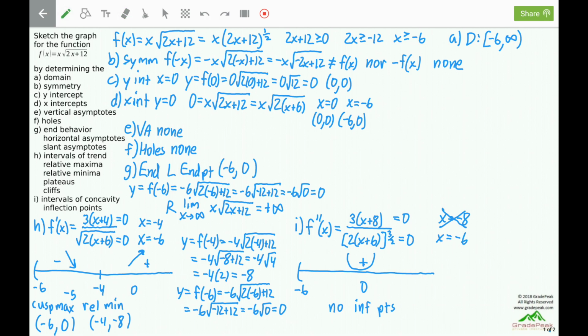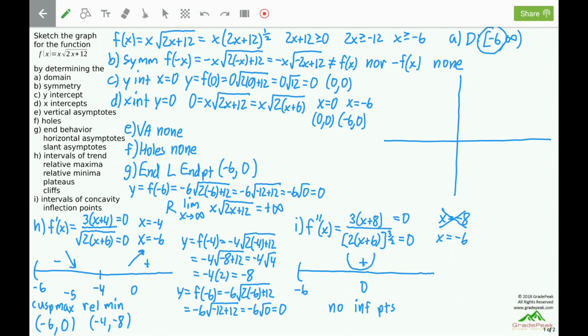We can now draw the graph. We have a vertical axis. We have a horizontal axis. We have the domain starting at -6, and we found the left endpoint to be -6, 0, which is also one of the x-intercepts.